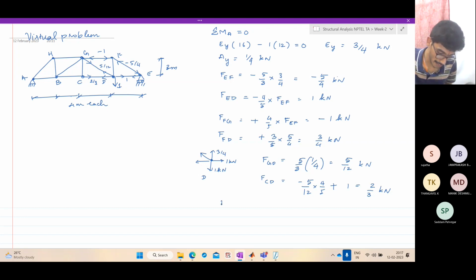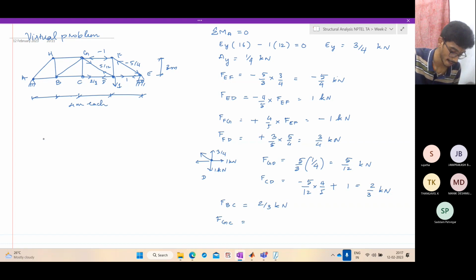So again, this means FBC is also equal to 2 by 3 kilonewtons tensile, and FGC we can't determine directly, we have to come from the other side. So let FGC be there.